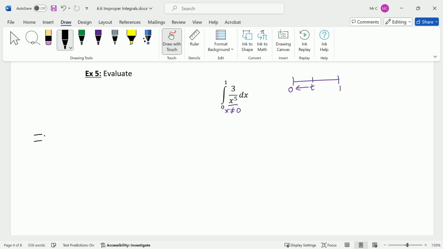So I set up my limit. The limit as t goes towards 0 from the right of the integral from t to 1. I'm going to write this as 3 times x to the negative 5th dx. And now we integrate like normally.